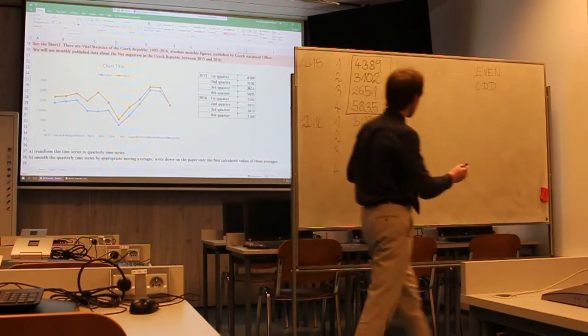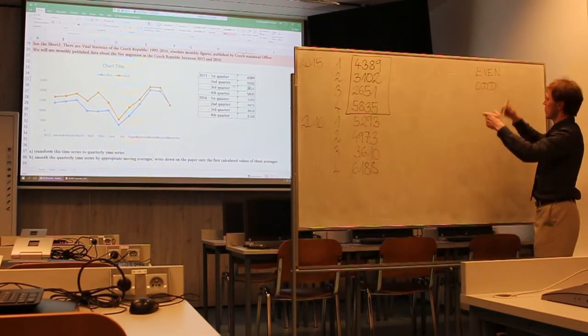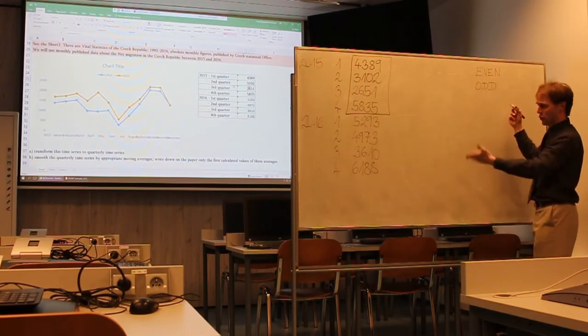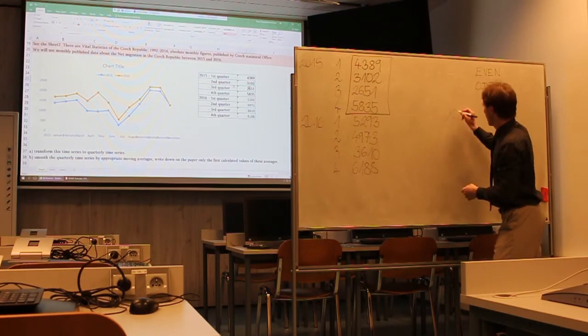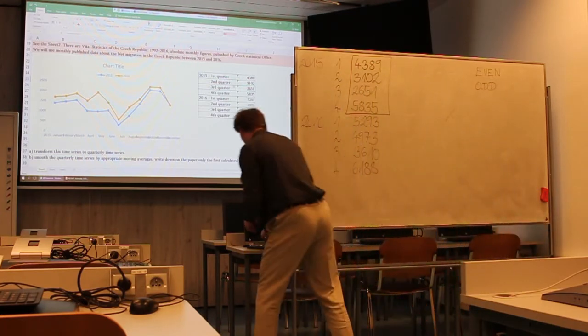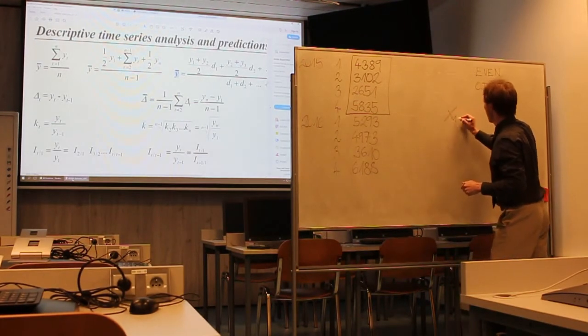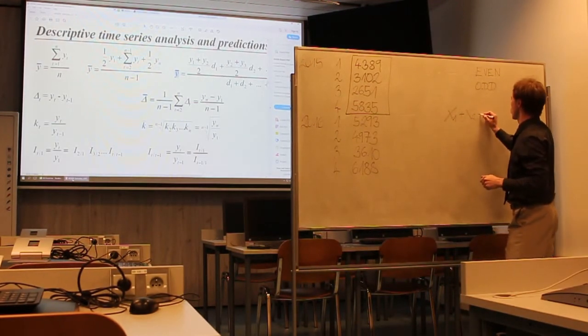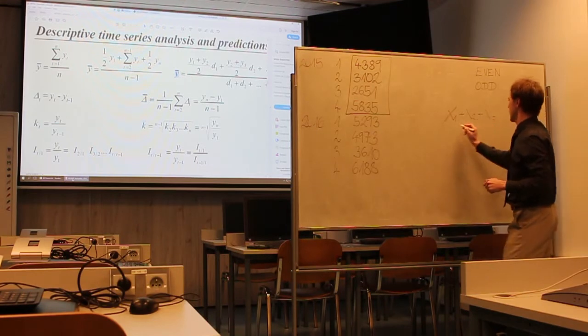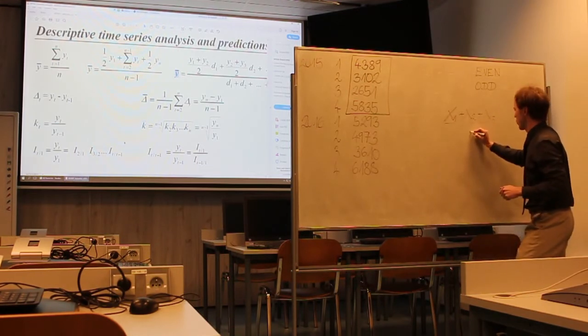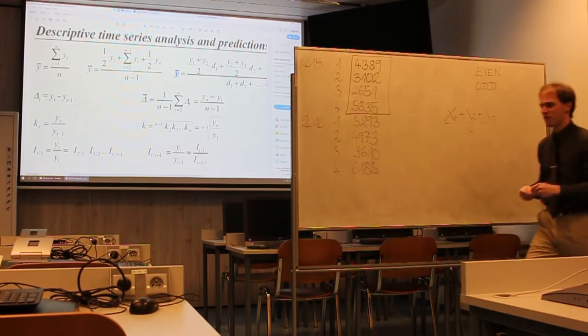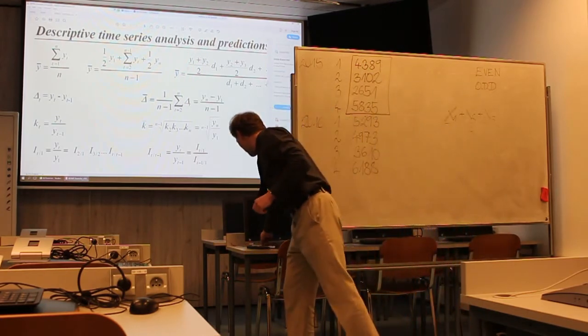Moving average, for example, with the length 3: x1 plus x2 plus x3 divided by 3.